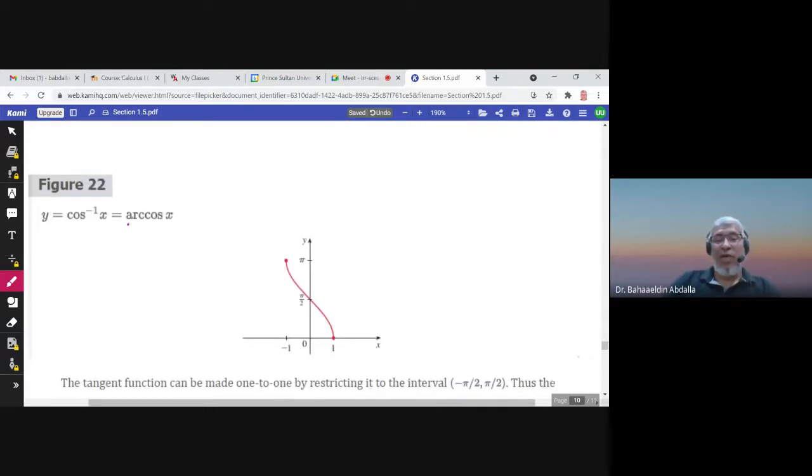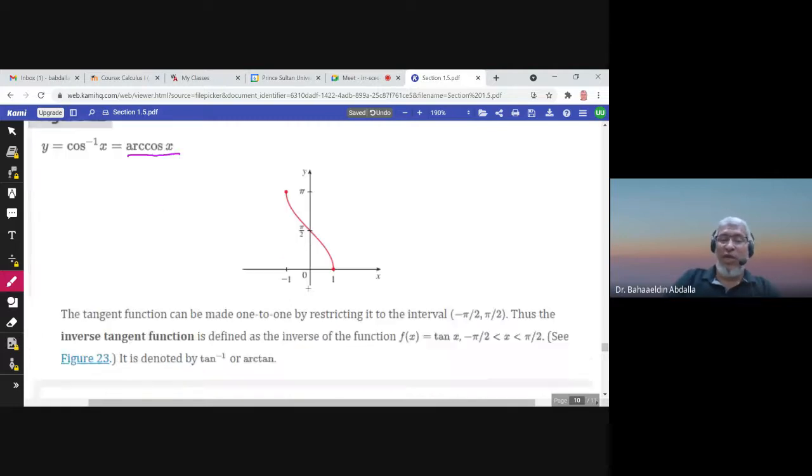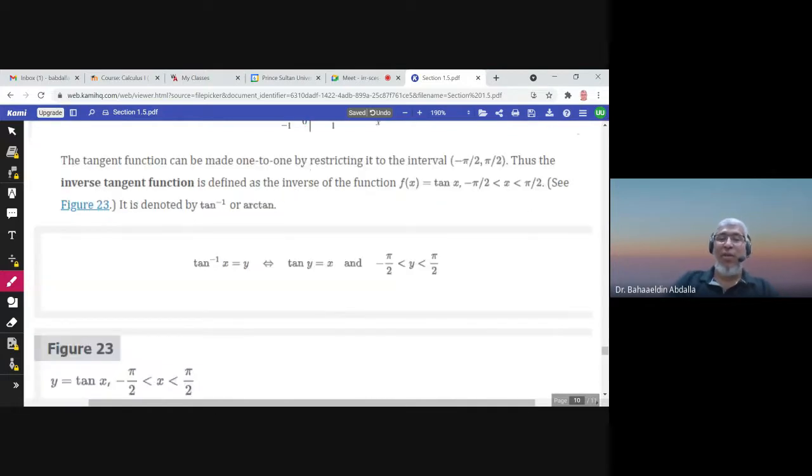Remember, arc cosine is cosine inverse. This is the graph of cosine inverse. Domain from -1 to 1, which is the range of cosine. Range from 0 to pi, which is the domain of cosine. Tan inverse or arctan, this is the definition. And for tan, if we choose from -pi/2 to pi/2, similar to sine, it will work.